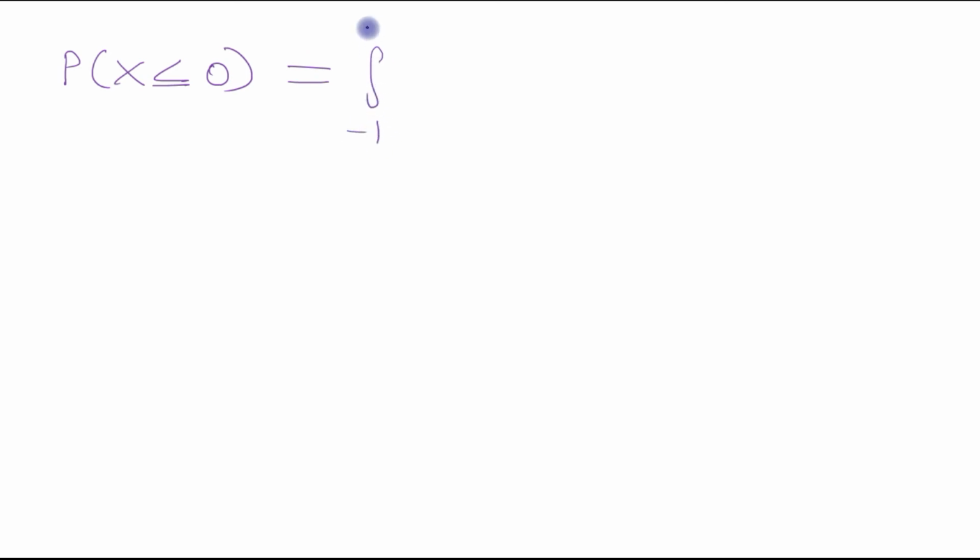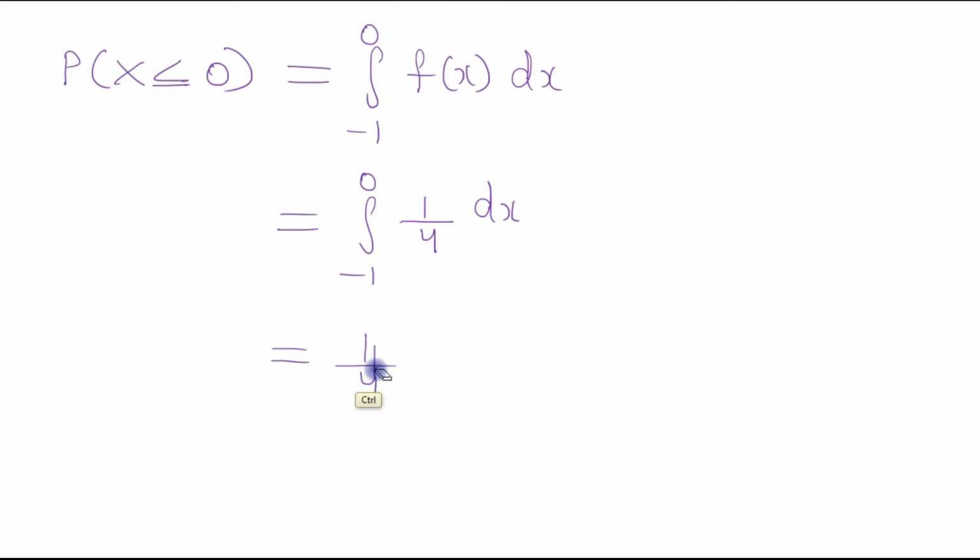So minus 1 to 0, f(x) dx, minus 1 to 0, f(x) is 1 by 4, and this will become 0 plus 1, which is equal to 1 by 4.